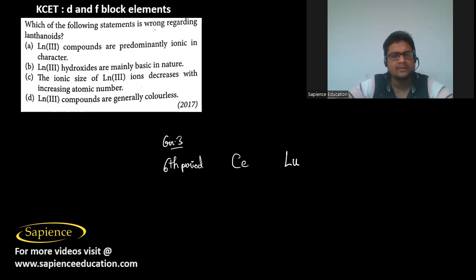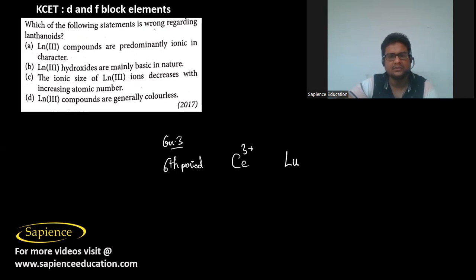Ln3+ compounds, it means that their valency is 3+. So lanthanum 3 compounds are predominantly ionic in character, which is true, and lanthanum 3 hydroxides are mainly basic in nature.